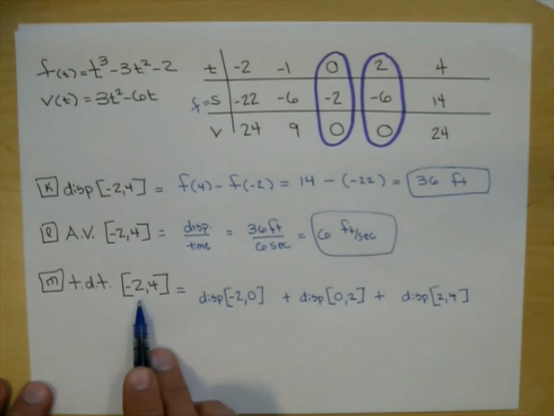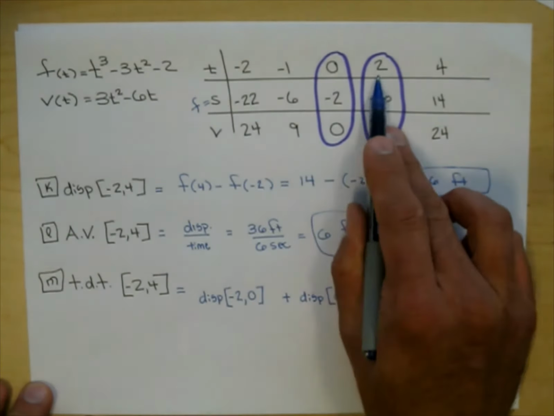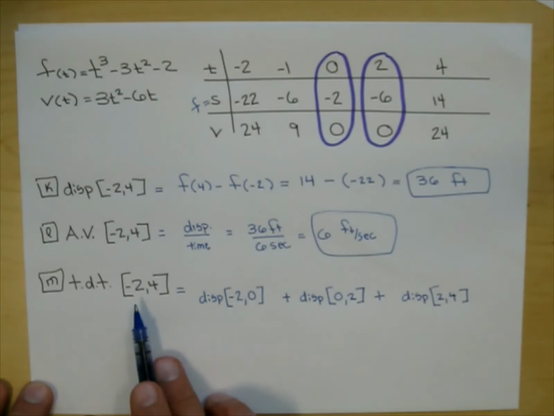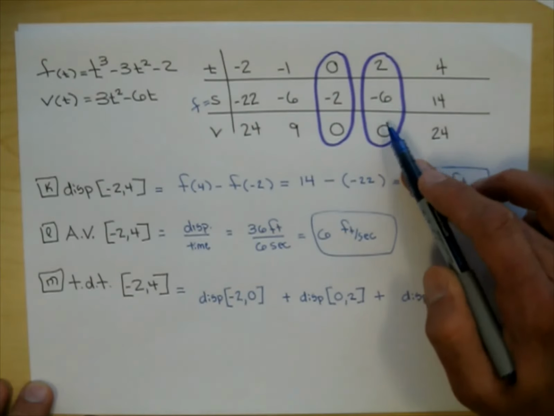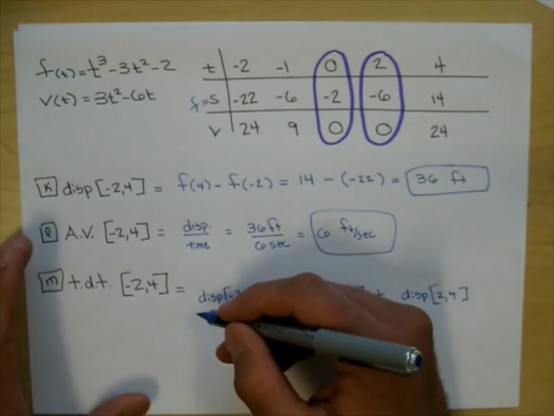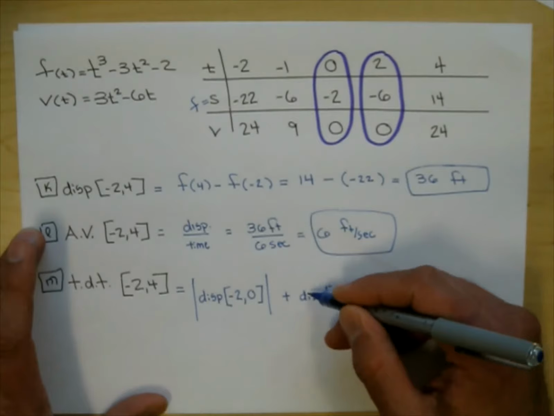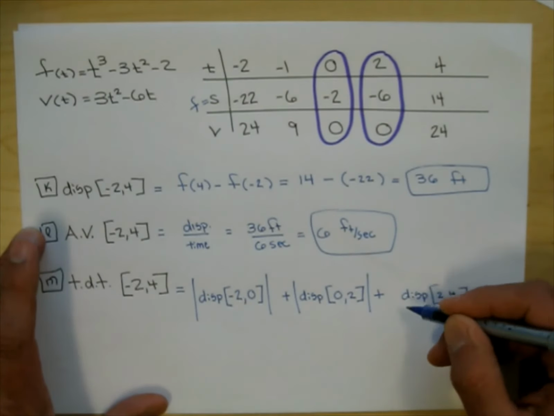It just so happened in this time interval, it included both rest times. But if the time interval went from like -2 to 1, you wouldn't include this rest time. Now the other thing that needs to be adjusted on here is it's the absolute value, because some of those will be negative.